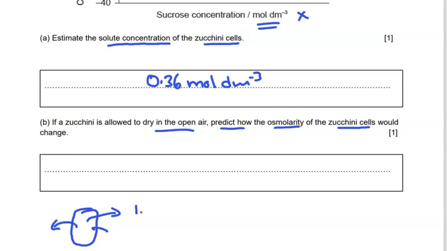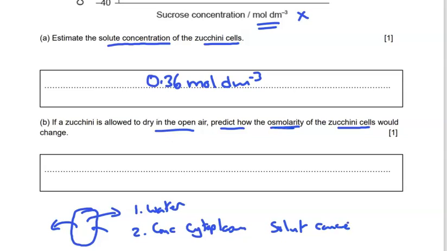And that has the effect of concentrating the cytoplasm so that the solute concentration will have increased. If we state that in terms of osmolarity, then we would have to say that the osmolarity has increased.